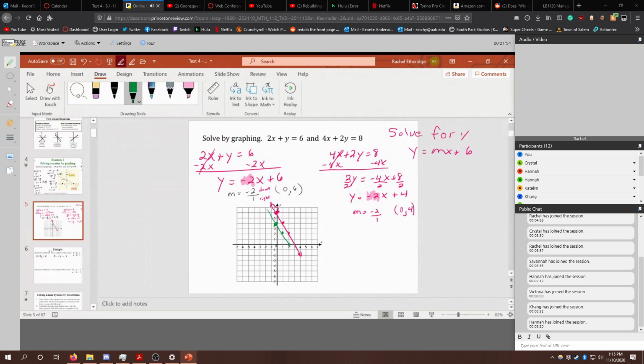And if you draw a line through it, notice those lines are parallel. They will never intersect. So we have no solution, and we have inconsistent because they never touch each other. So they're inconsistent.